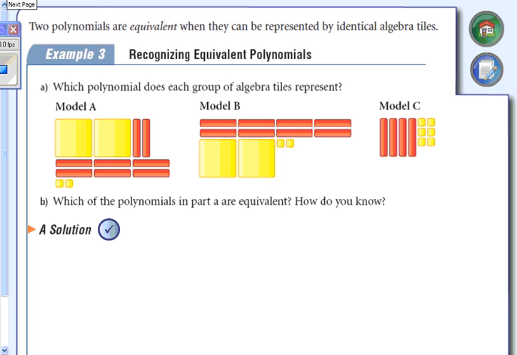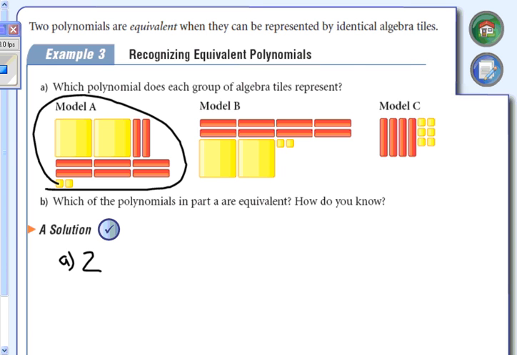Third example. Which polynomial is represented here? Well, now they give us the tiles, so we just have to have a look at them. So let's start with A. When I look there, notice that there's 2 positive squared tiles, so I would write that as 2, and again, whatever variable I want to use.